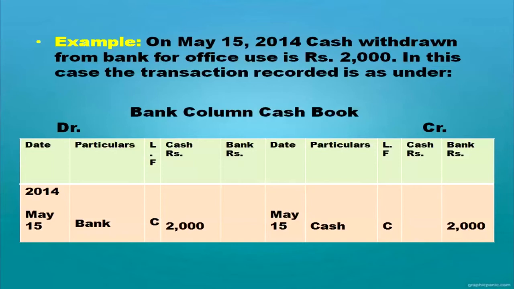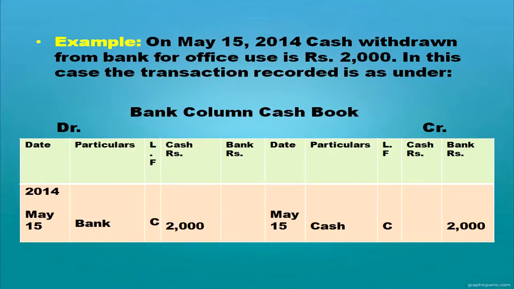Here is a transaction. On May 15th, 2014, cash withdrawn from the bank for office use is rupees 2,000. How will you write this in the cash book? Cash is withdrawn from the bank. The entry will be cash account debit to bank.